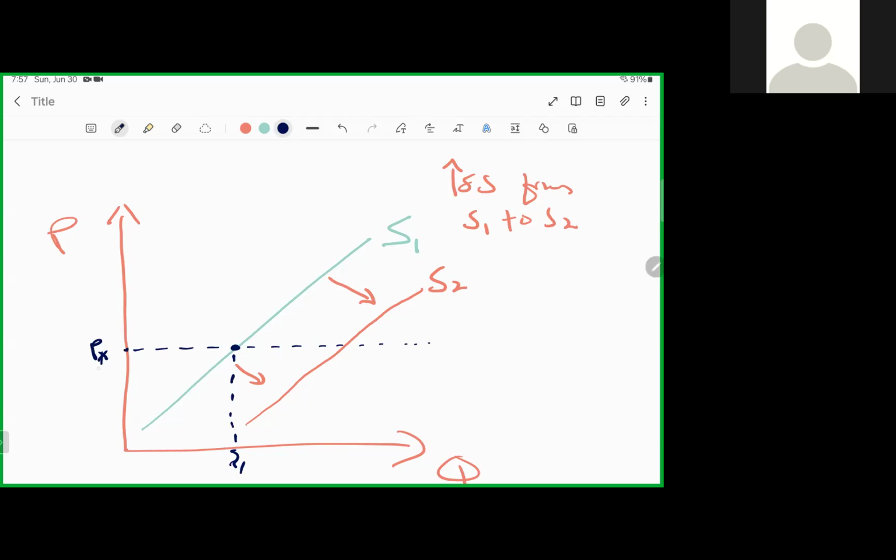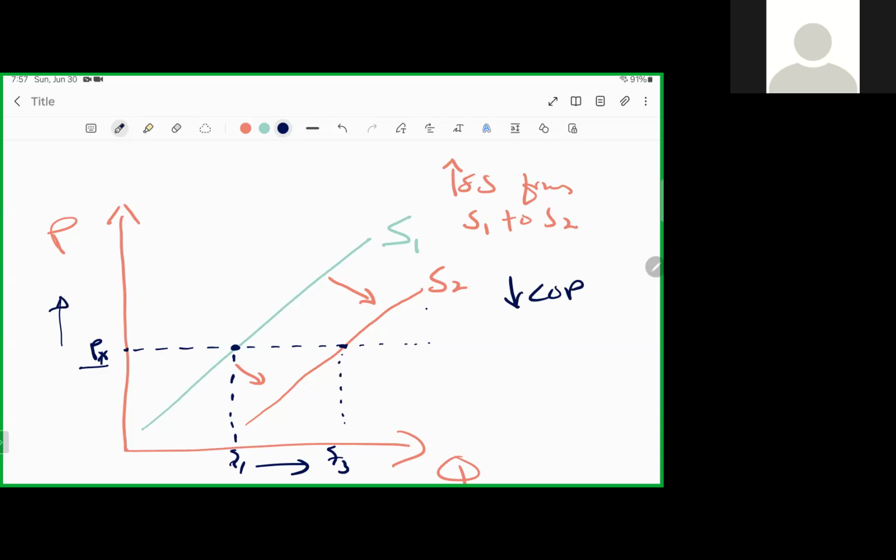So you realize that at that same price, you will have a new supply curve here, where firms will be willing to supply more. There is an increase in supply, not because price has increased, but because there is a decrease in, say, cost of production.